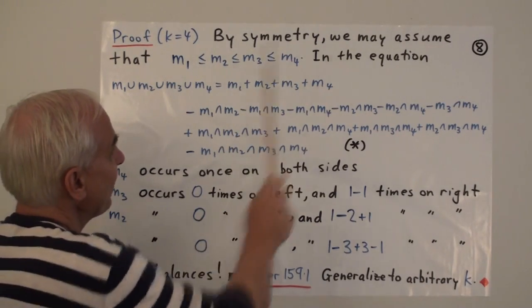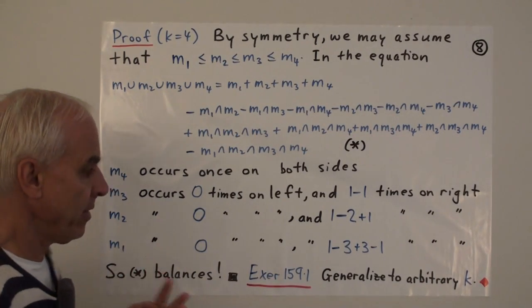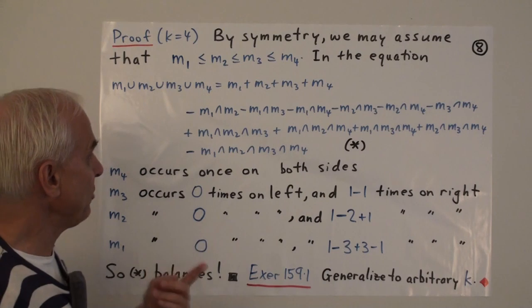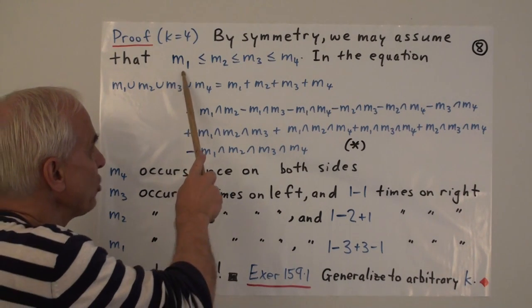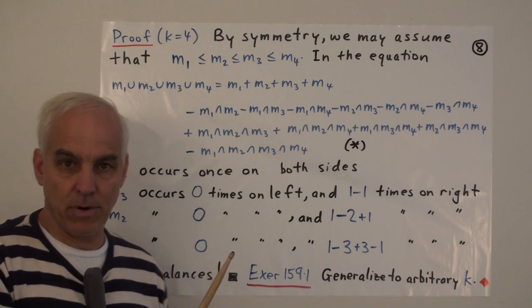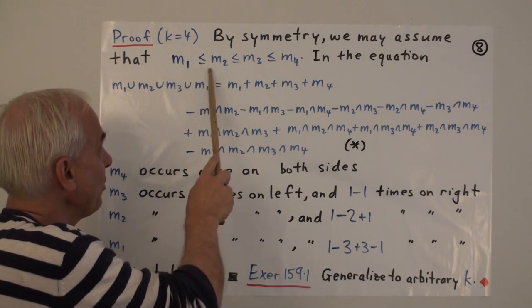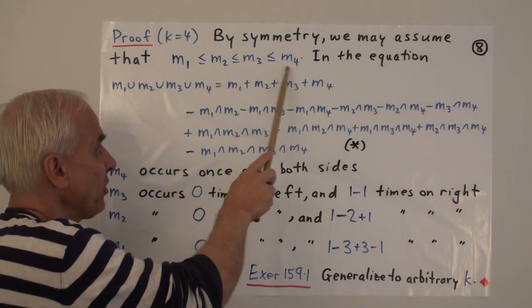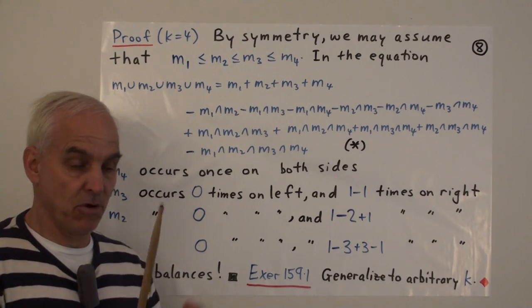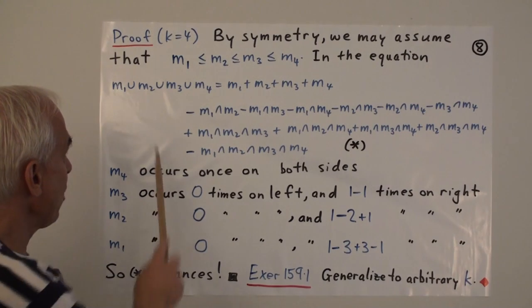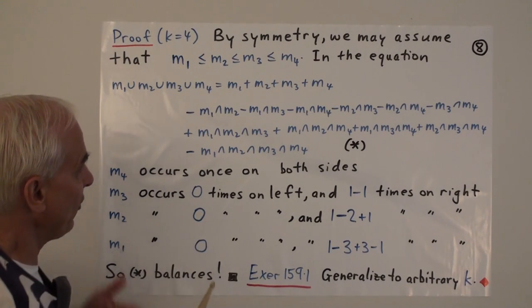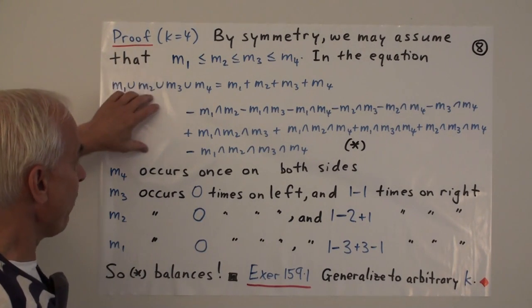So by symmetry, let's assume that we have these 4 integers, m1, m2, m3, m4. And since everything is symmetrical, let's arrange that they're actually in increasing order. So m1 is less than or equal to m2, less than or equal to m3, less than or equal to m4. Some of them could be equal to each other, but they're at least increasing. So here's the equation that we're trying to prove. This is the k equals 4 version.